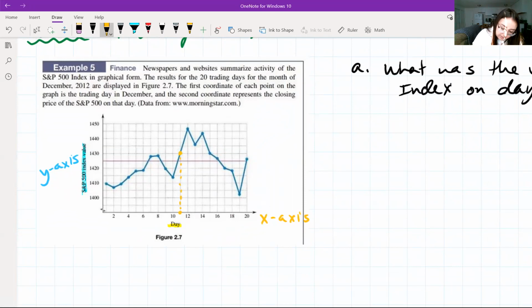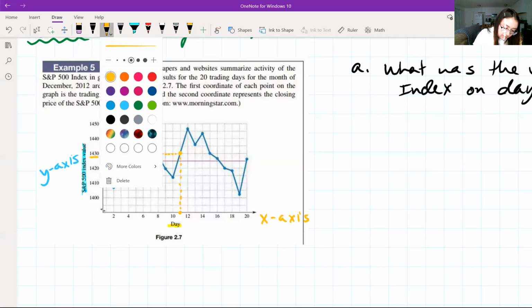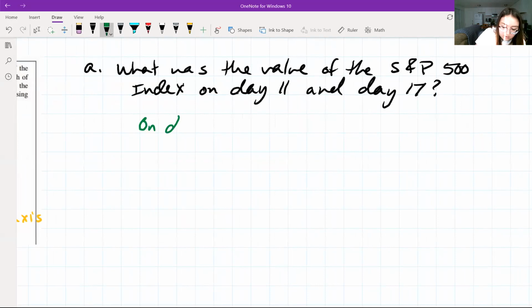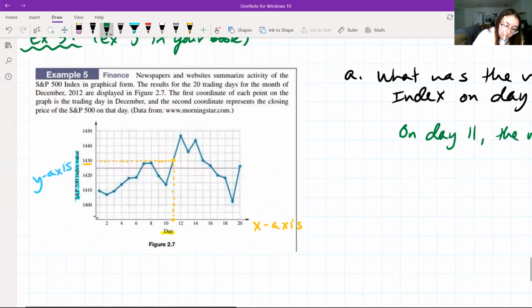It looks like we hit right here, and then we can track back towards the y-axis to find that value. It looks like that value is 1,430. So on day 11, the value was 1,430.